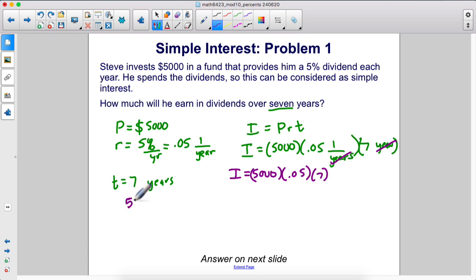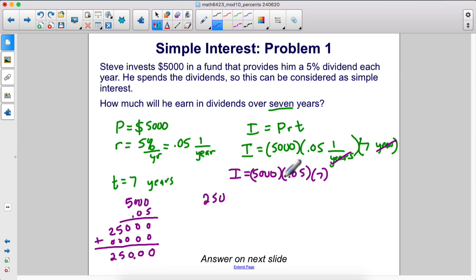5,000 times 0.05. 0.0025, and then 0.00000. All right, add those together. We get 25,000, but then we're going to move the decimal 2 places to the left: 250.